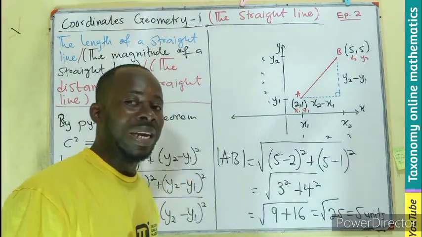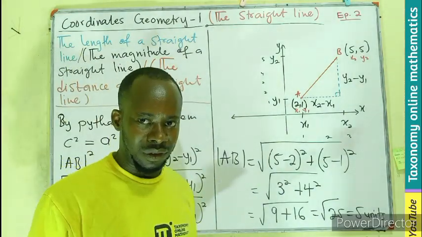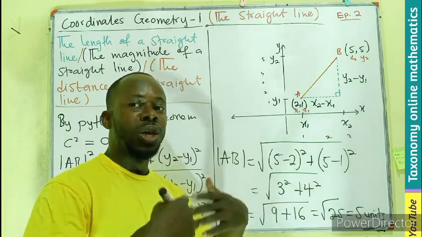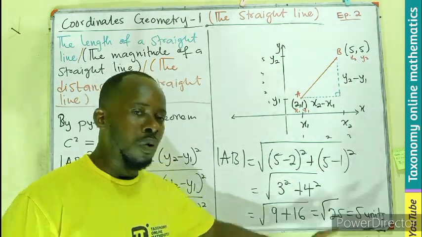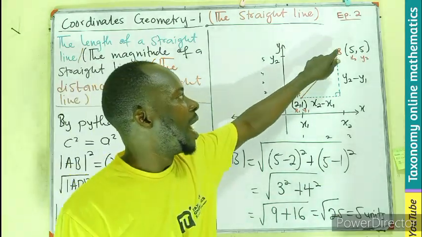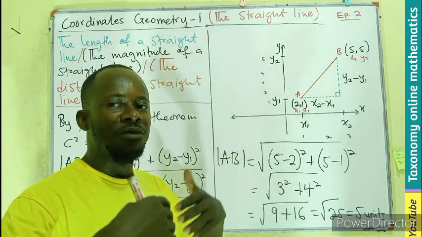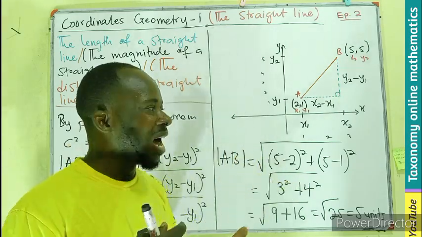I'm adding unit because the distance could be in kilometers or in meters or in miles. So whatever unit is assigned in the question can replace that. So this means that the distance between A and B is nothing but 5 units. 5 meters, centimeters, whatever unit assigned to it.